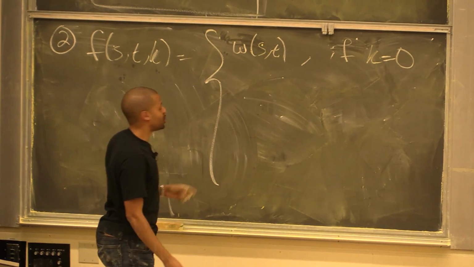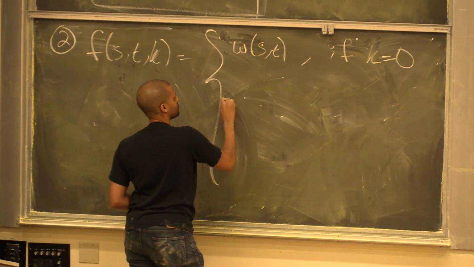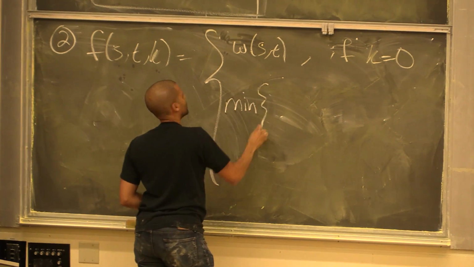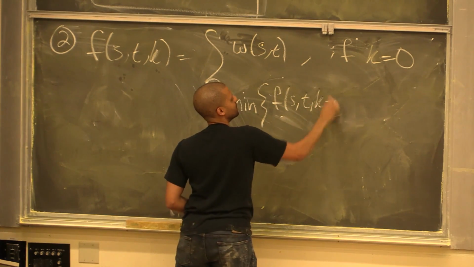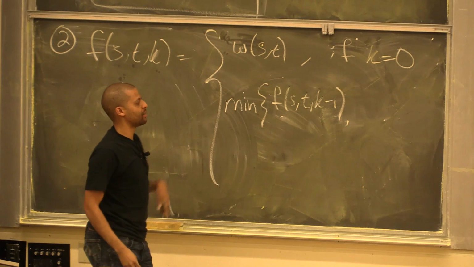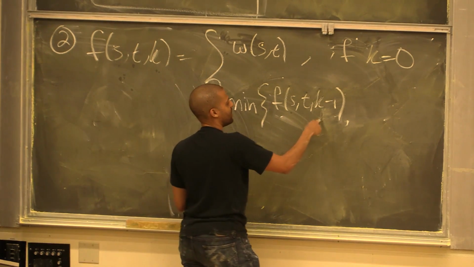Otherwise, I can either choose to use k or not use k. If I don't use k, I have f of s, t, k minus 1. So I'm allowed to use things between 1 and k minus 1. And if I do use k, then I have to go to k and then from k to t.